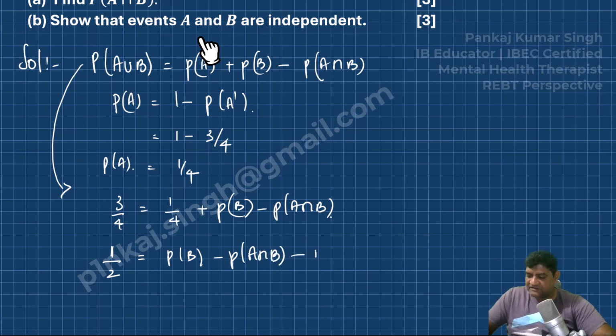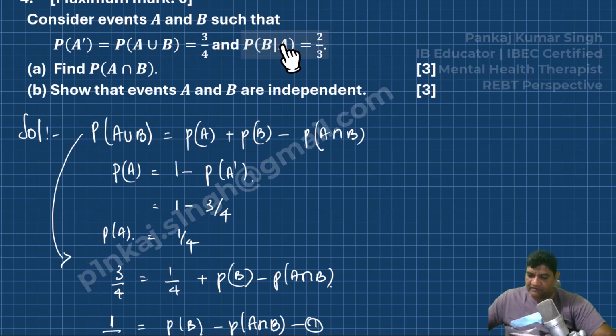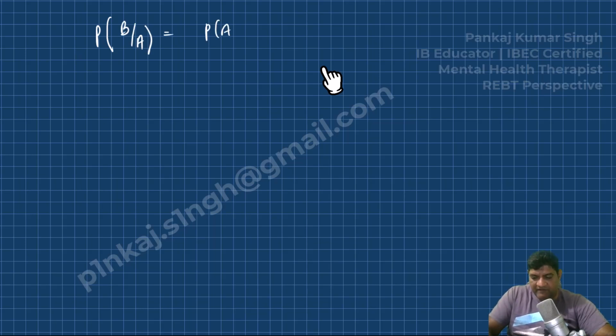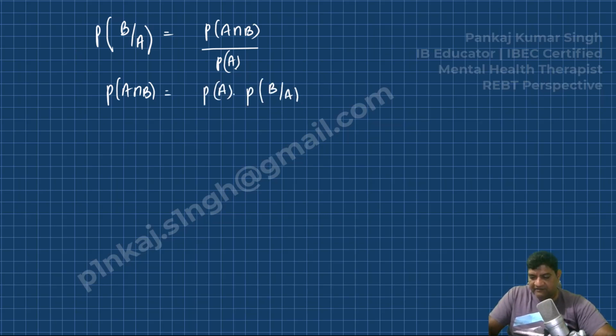I'm going to keep this as the first equation, and then I'm going to look at the other situation here, which is the probability of B given that A has occurred is 2 by 3. So the probability of B given that A has occurred can also be written as the probability of A intersection B divided by the probability of A. That would simply tell me that the probability of A intersection B is equal to the probability of A into the probability of B given that A has occurred.